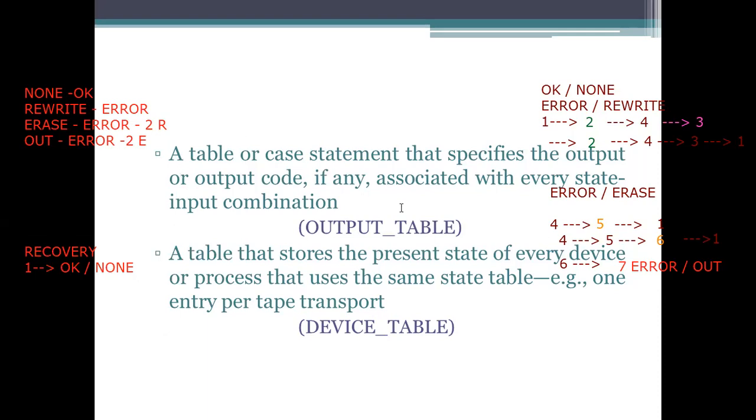In some systems only, with this kind of structure, it allows access to the outputs for that associated one, not the other one. If I want to perform the rewrite, what is the input here? Error. I'm getting this for these arrays, so it won't be the sequence of action. I didn't try to rewrite the data onto that one, I just erased it, which is foolishness. So here we need to associate every state-input combination and store this output onto that one. And coming to the last table here, it is the device table.